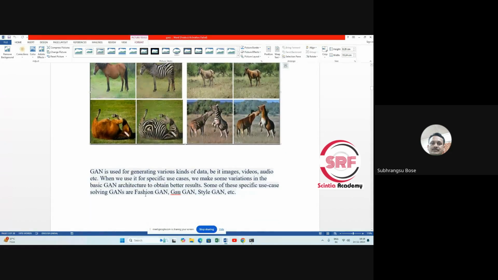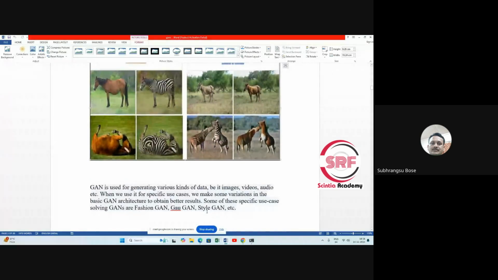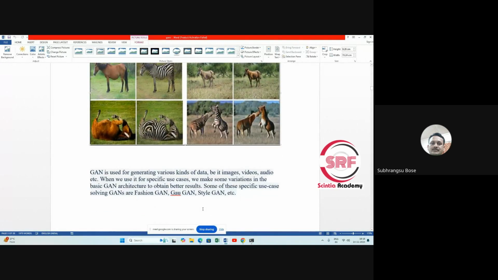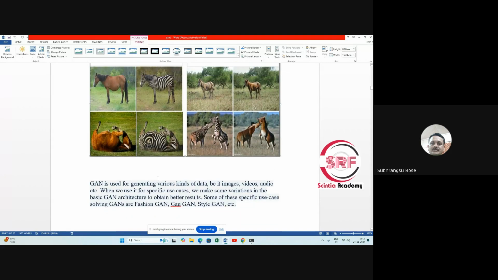That is used in fashion technologies; we already use it. The style GAN is also this kind of GAN. It's just a haircut. We want to change the haircut in the picture, keeping the same man, same woman. We can use this GAN.